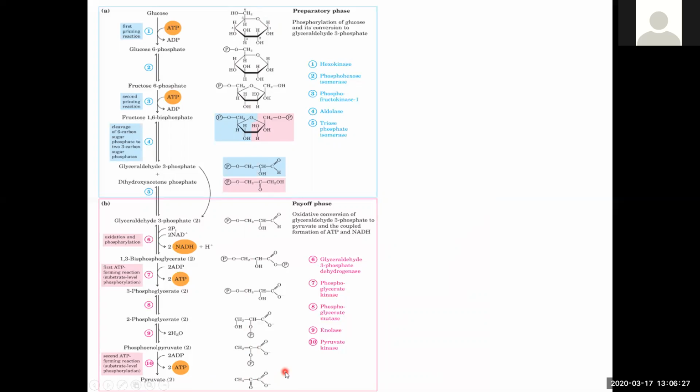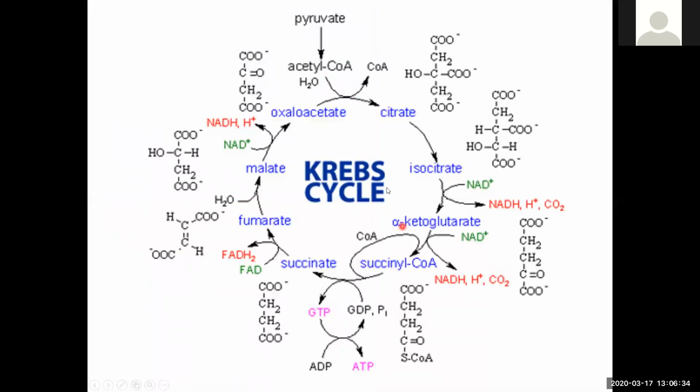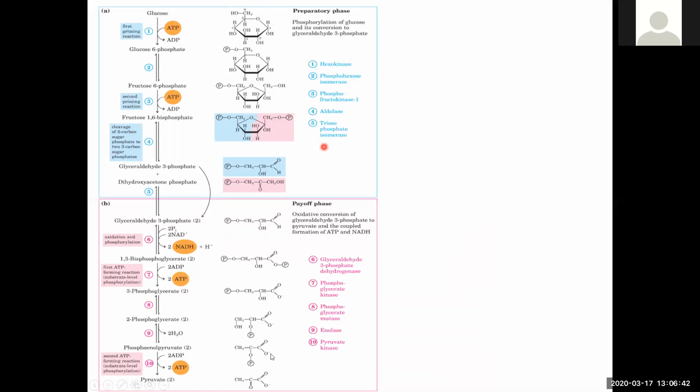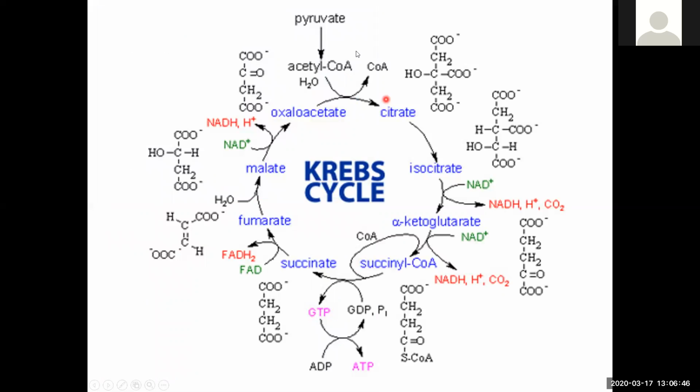And we get a little bit of energy being made from there, but then we feed it into the Krebs cycle. And please do not run out of the room screaming wherever you are. Basically the pyruvate here is added into a four-carbon chain to make a six-carbon chain.